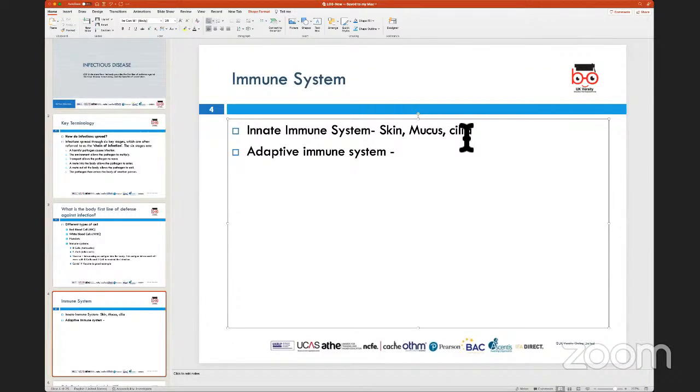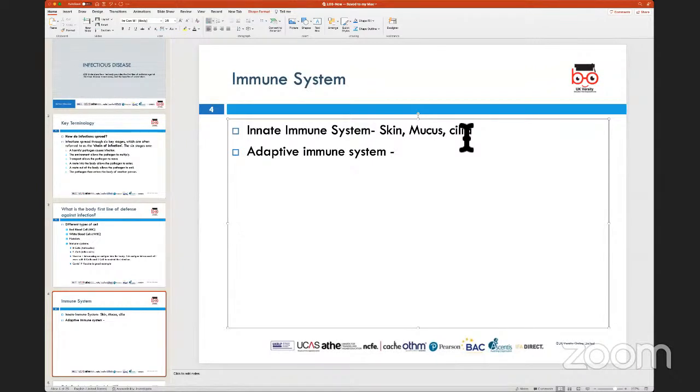So the adaptive immune system would come into play when the physical barriers of the immune system, which are skin, mucus, cilia, other forms which are going to be physical barriers, are breached. That means they have been neutralized, and in those cases you would generally then have the pathogen being able to enter the human body and cause infection.